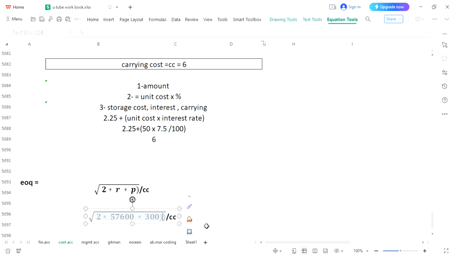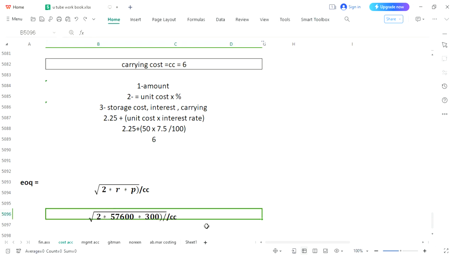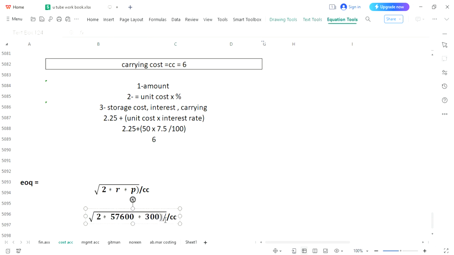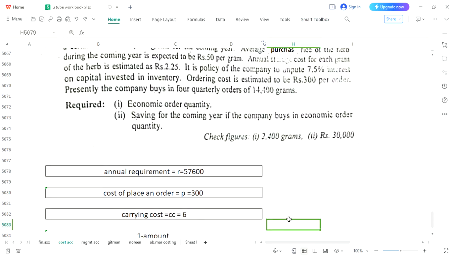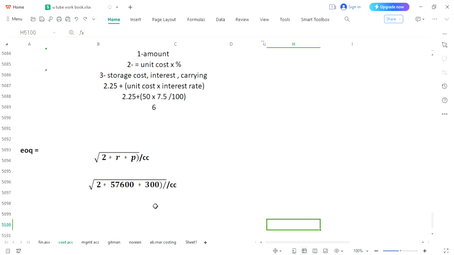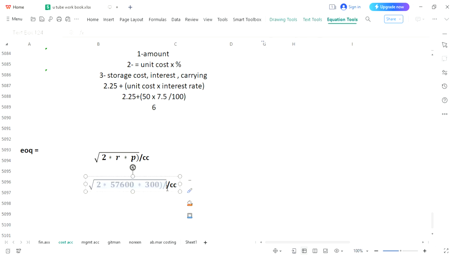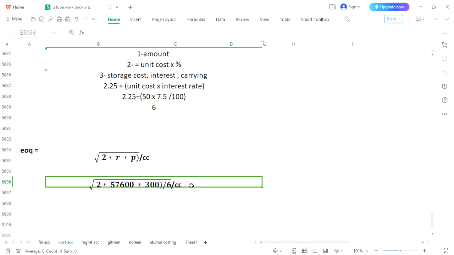You need to divide it with CC, and how much is your CC? For that, let's go back to the question, and here your CC was 6, so you can put 6 over here. So in this way our calculation or input has been completed.